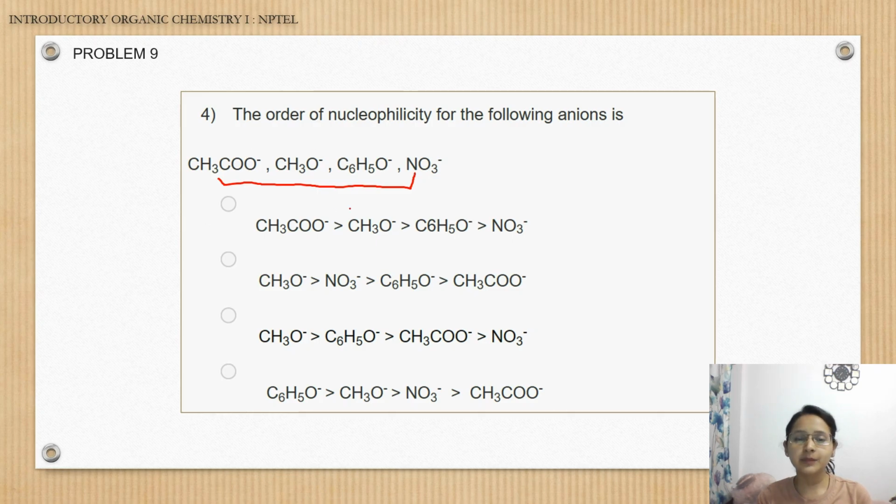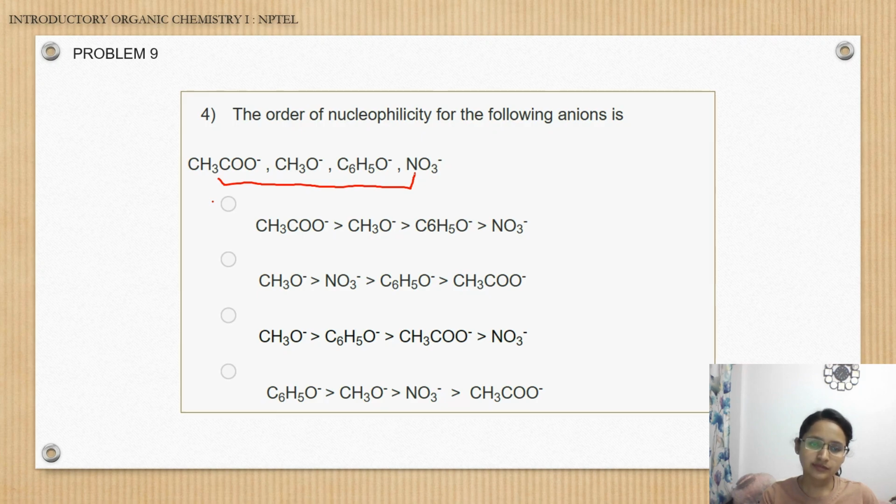So can anyone tell me what would be the correct answer? Any guesses? Nucleophilicity means which is a better nucleophile. Okay, I am going to give you some hints and then you will tell me.